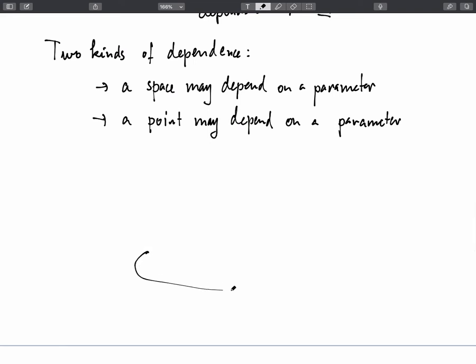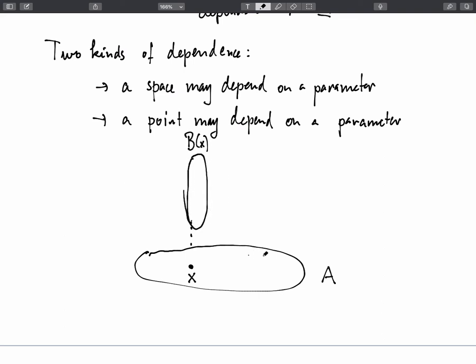You have a parameter space, A. In it, as you move the parameter, you get a space which depends on the parameter. If I pick some other parameter y, I will get a different space B of y.